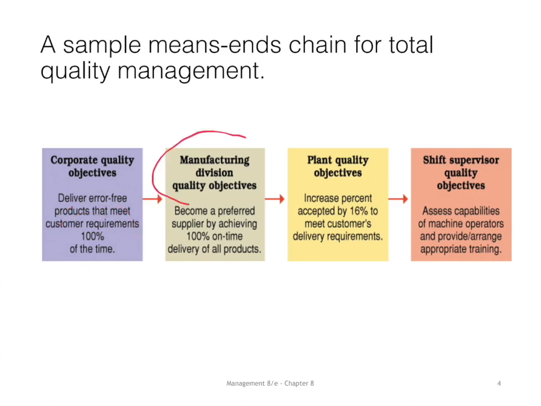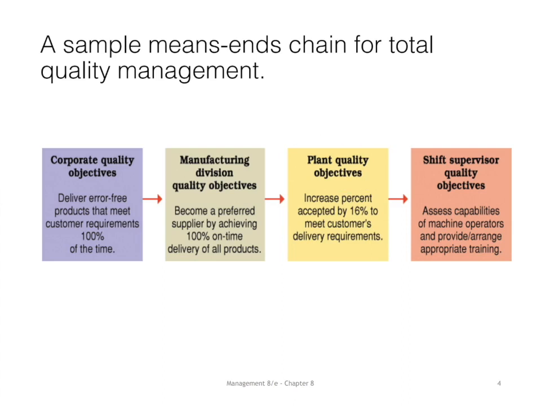And then the manufacturing division quality objective. The manufacturing division has the objective to become a preferred supplier by achieving 100% on-time delivery of all products. That is the manufacturing division quality objective. And how about plant quality objectives?